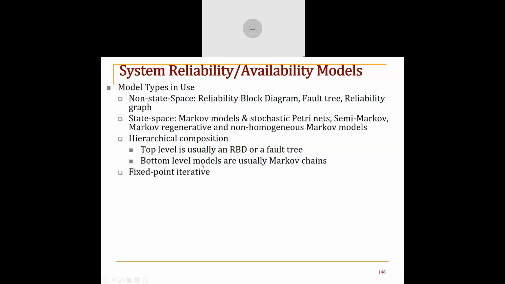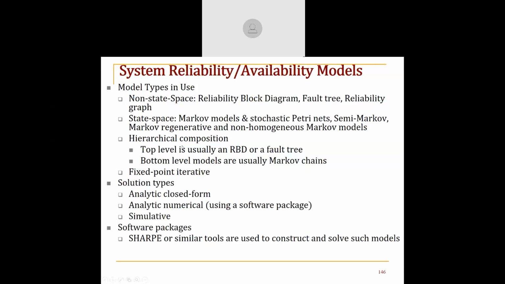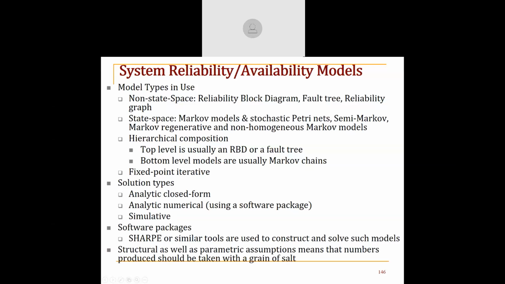At the bottom level are usually Markov chains. But occasionally we have to do fixed point iteration. Solution types can be analytic closed form in some rare cases, but more generally analytic numeric using a software package, and occasionally we use simulation or hybrid. Software packages SHARPE or similar tools are used to construct and solve such models.